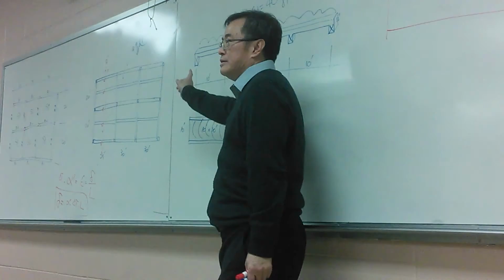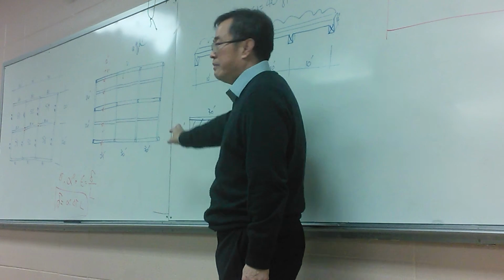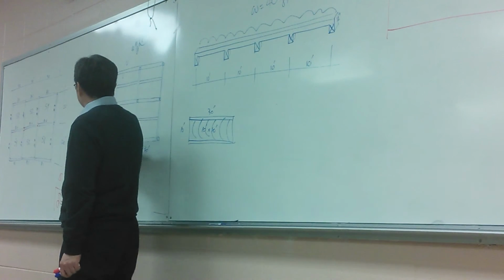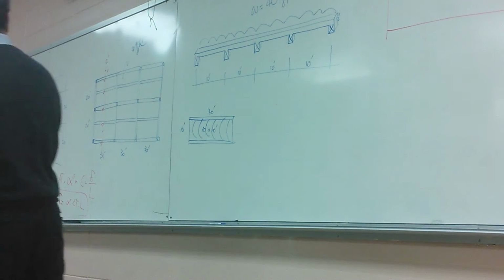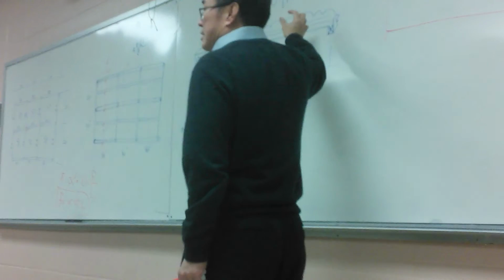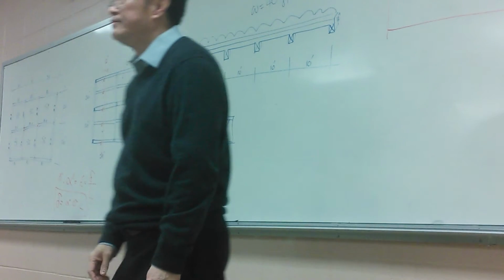Okay, so we have a slab, but we cut it down into a 4-span continuous beam with a width of 12 inches. So what should be the thickness?